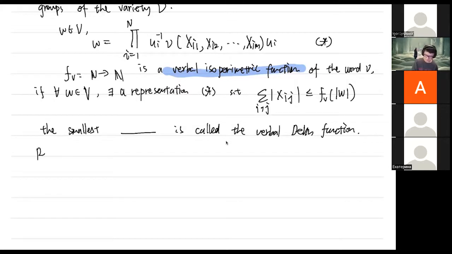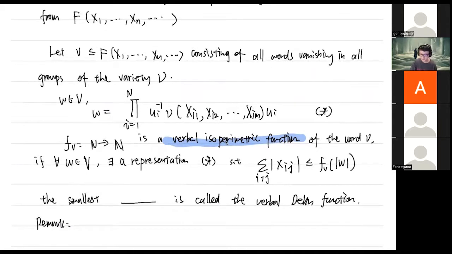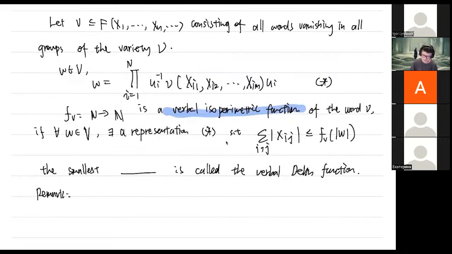One remark is, as long as we define the same variety, we don't care about the choice of the word V, because you can replace V by V to the n power. It still defines the same variety, but we just have a different identity.